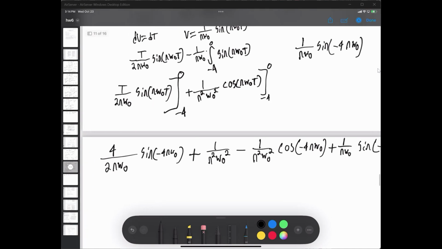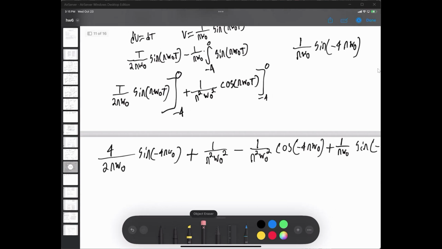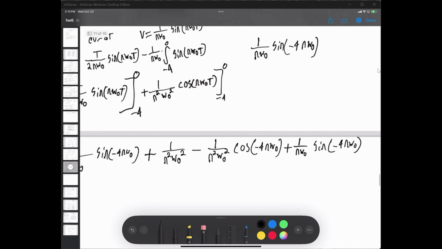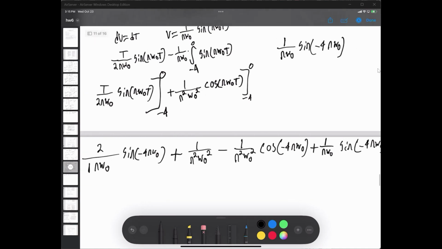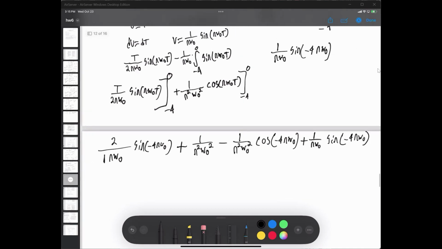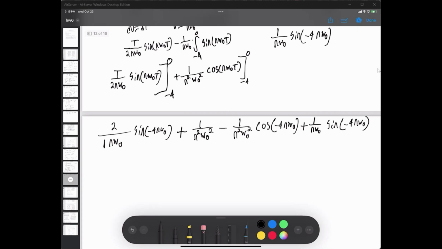Now, what can we do from here? We know that this can simplify to 2 over 1. And we see some common things here. Common sine.